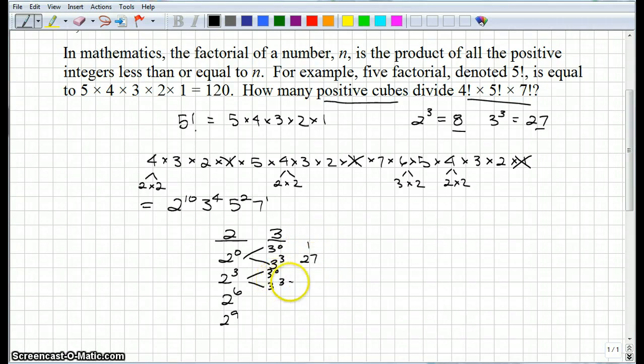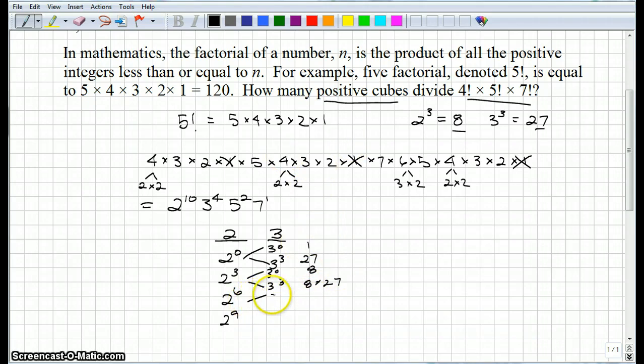If we choose 2 cubed, we can choose either 3 to the 0 power or 3 cubed, so that would be either 8 or 8 times 27. I'm not going to calculate it out because all I want to know is how many of these there are. I don't actually have to know what the cubic factors are.